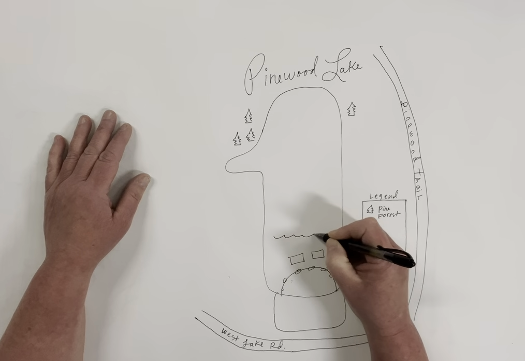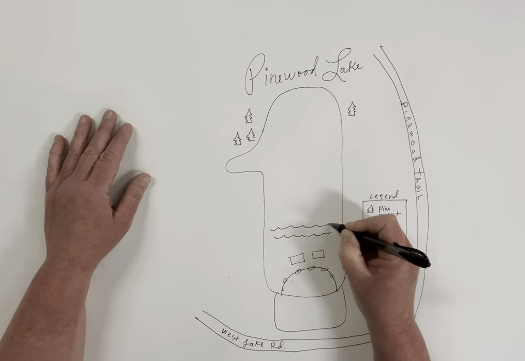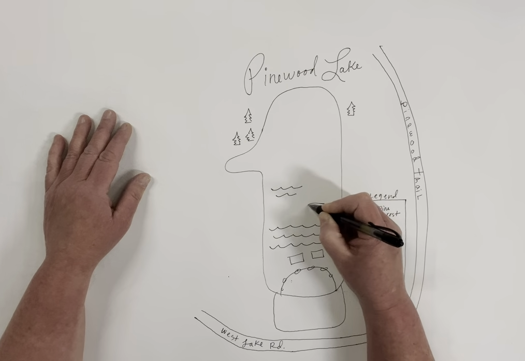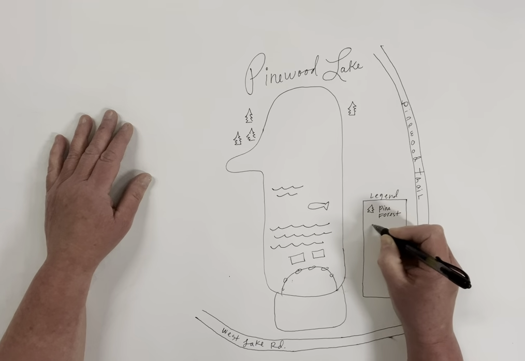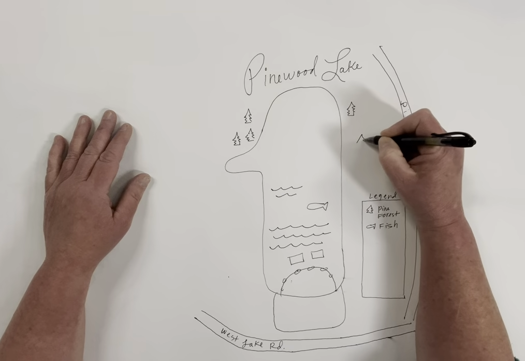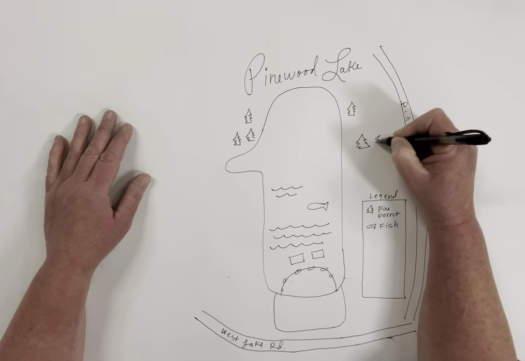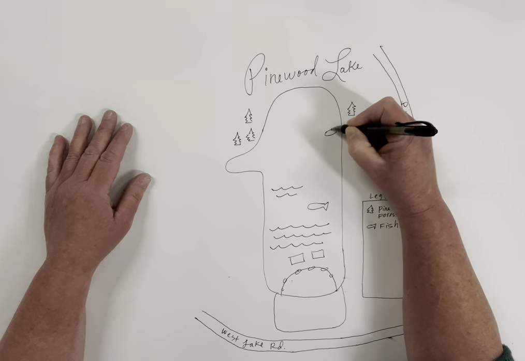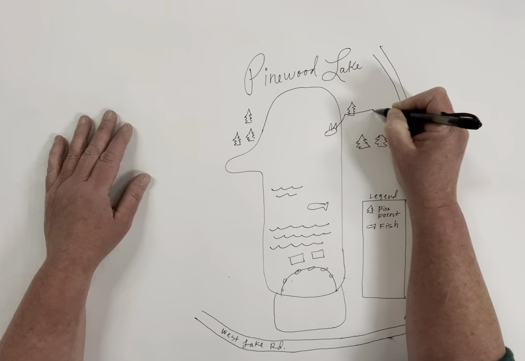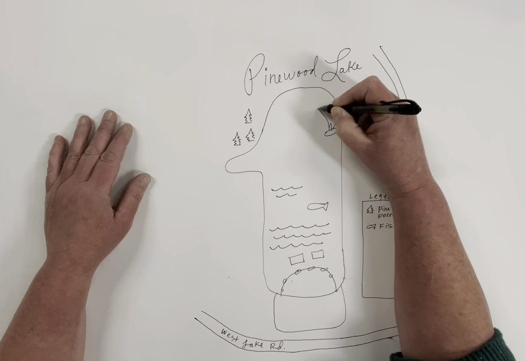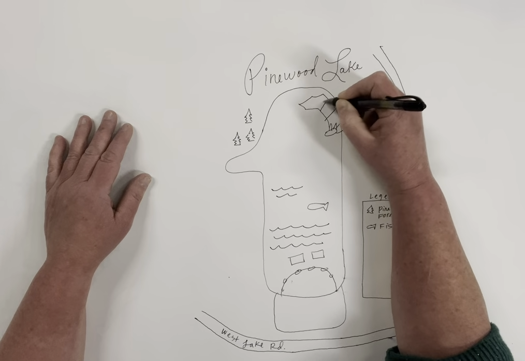And then you can add geographic, landscape type of elements. So water, I'm going to add some fish in here. So maybe I'll put fish. And then everybody knows what lives in the pine trees are these big bats. I'm going to exaggerate this because it's my map and I'm drawing it, so I can draw giant bats.